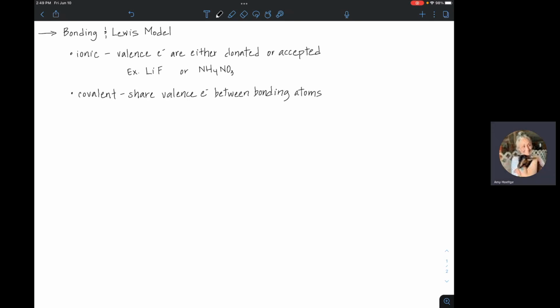They can be shared evenly or they can be shared unevenly. So for example, we could have equal sharing, like totally equal sharing.